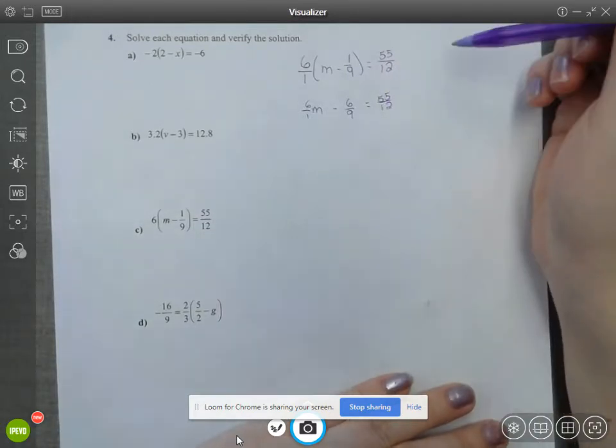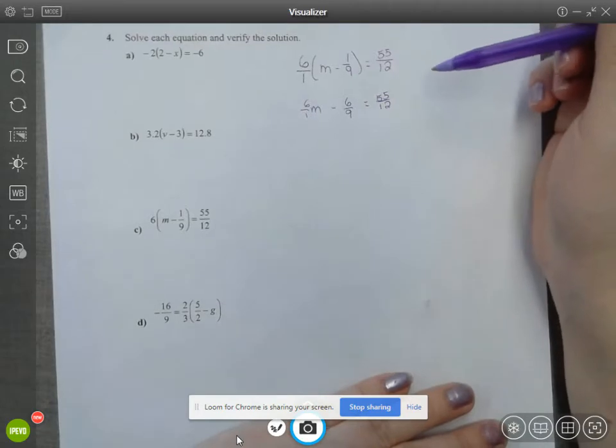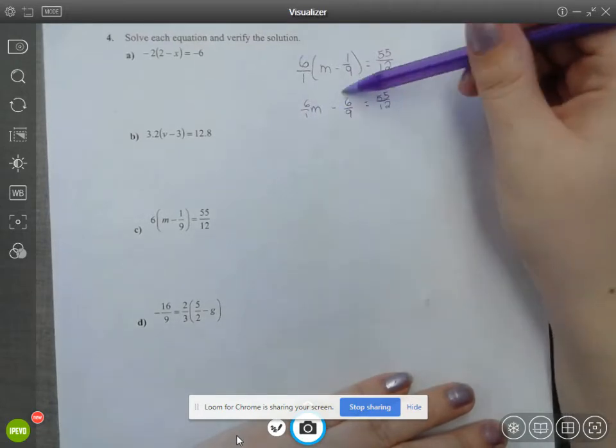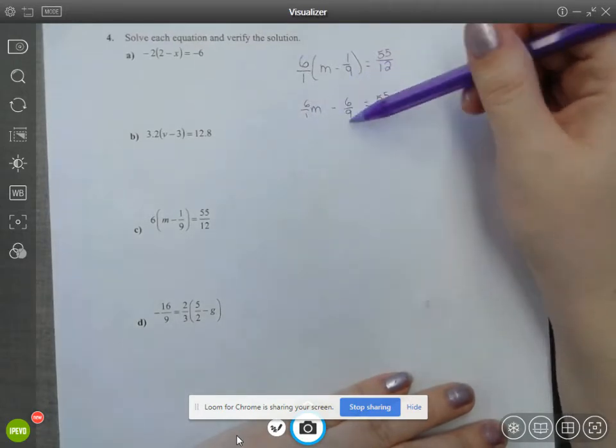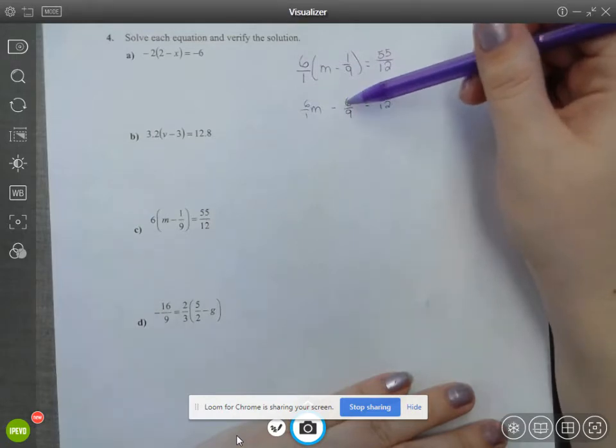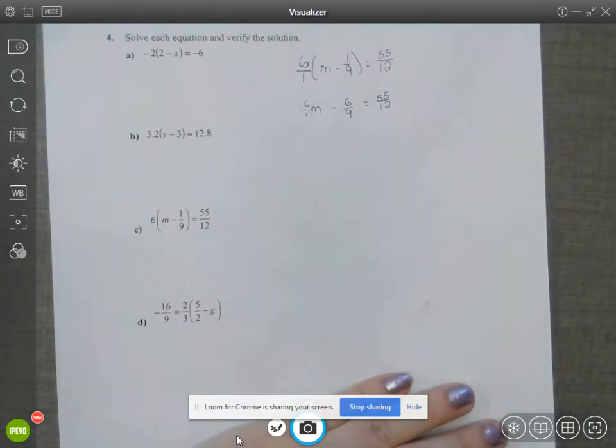Okay, your next step is to get your variable by itself, which means that I need to get rid of this number, and what I do to one side, I have to do to the other. Now, as you guys know, as we were working previously with rational numbers at the beginning of the school year, if you can simplify fractions as you go along to make things easier, please feel free to do so.